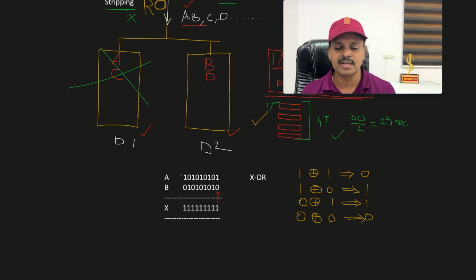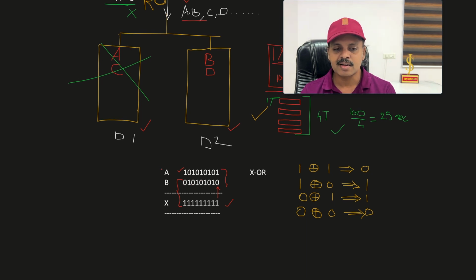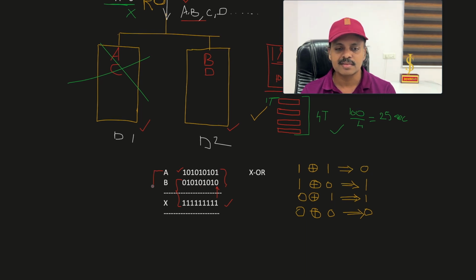If I use XOR between these two, I'll get this value. If I apply XOR on these two, I'll get A. If I apply XOR on A and X, I'll get the block of B.